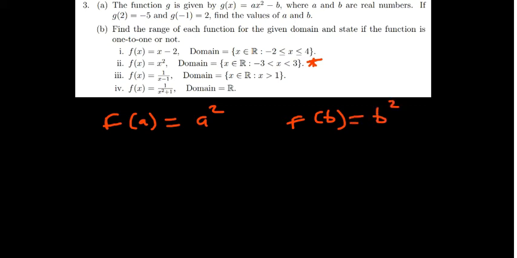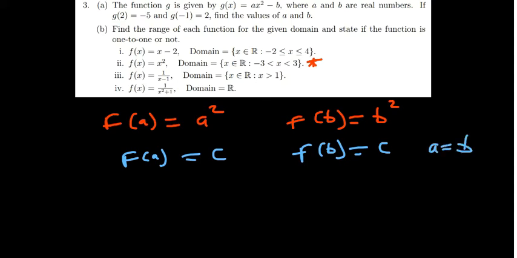We would have to prove that if f of a is equal to c and f of b is equal to c, then we should get the same result, then actually a should be equal to b.